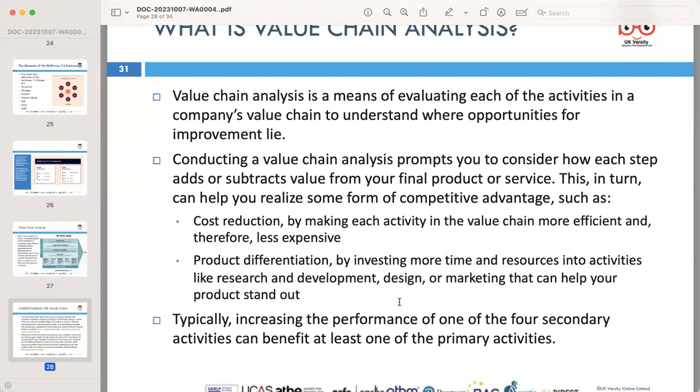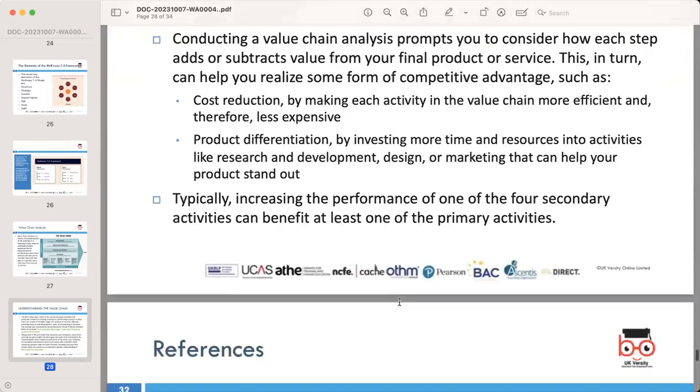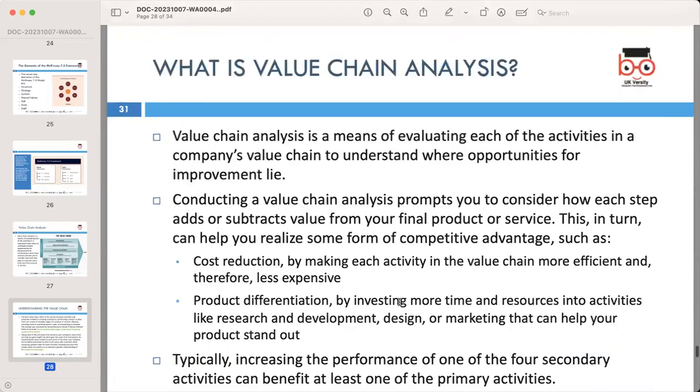Product differentiation, by investing more time and resources into activities like research and development, design, or marketing that can help your product stand out. Typically, increasing the performance of one of the support activities can benefit at least one of the primary activities.